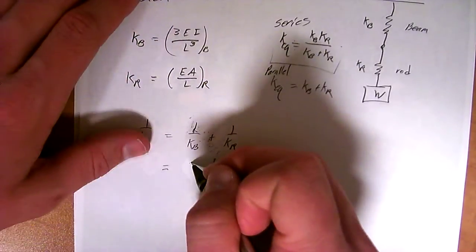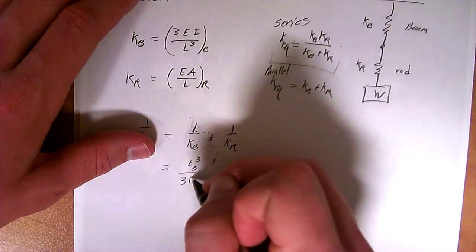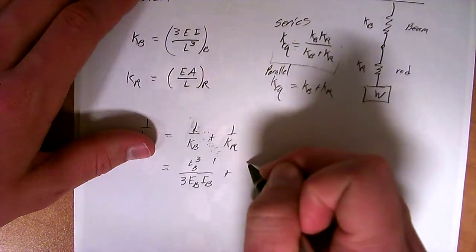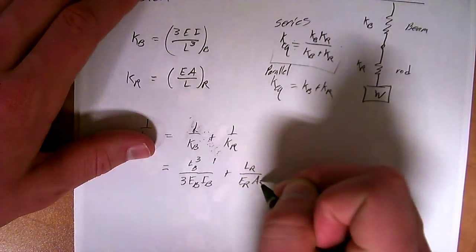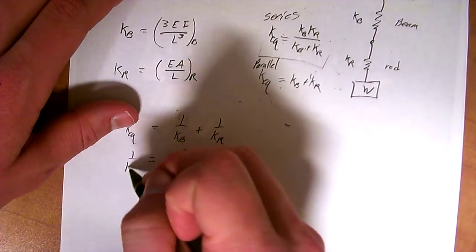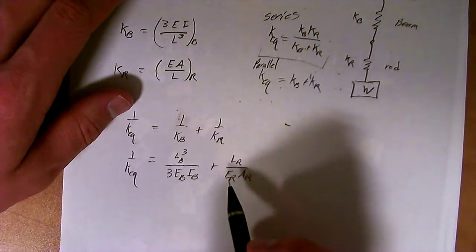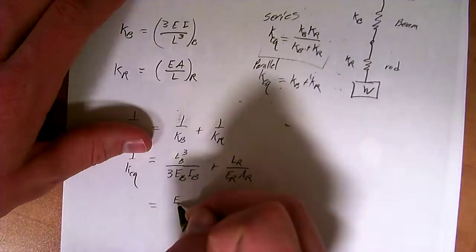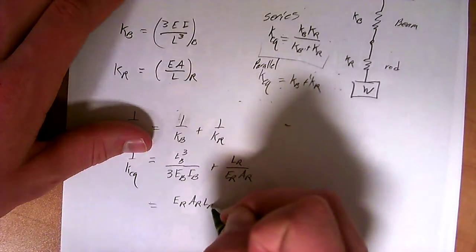I was going to skip this, but I think I should show it to you right now. Which is going to be equal to L_B cubed all over 3 E_B I_B plus L_R all over E_R A_R, which is equal to 1 over KEQ. If you had numbers, this would be a good time to substitute those in, but since we don't, we're just going to go ahead and find a common denominator and just solve this all out symbolically.